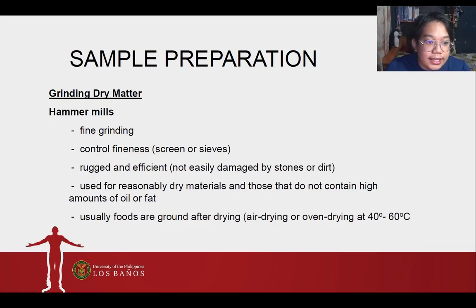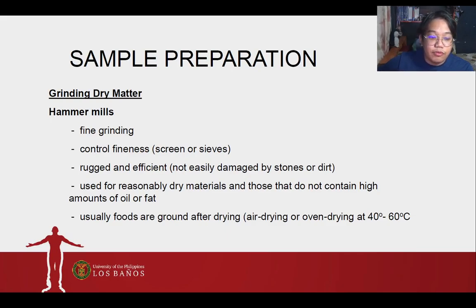So, ang ating grinding of dry matter can be conducted by hammer mills. So, yung hammer mills natin ay for fine grinding and it is used for control fineness. So, meron tayong screen or sieves involved in here. And it is used for reasonably dry materials. Okay?